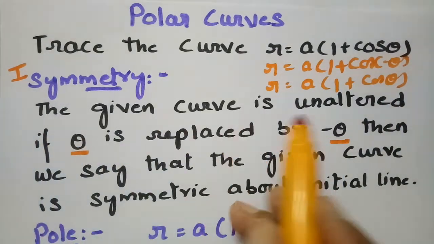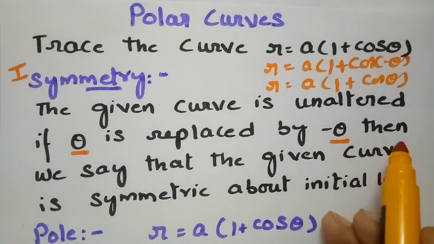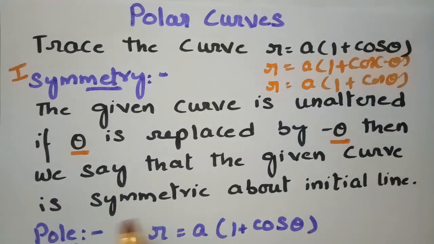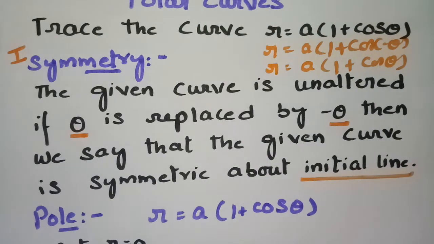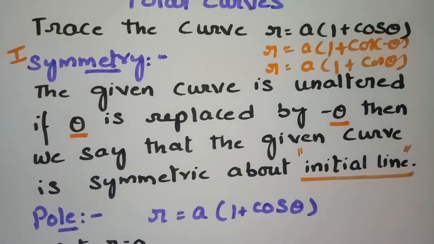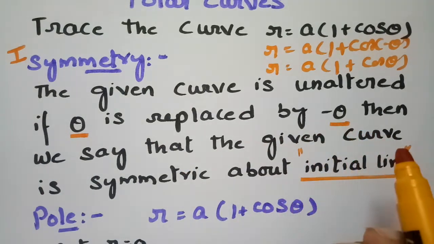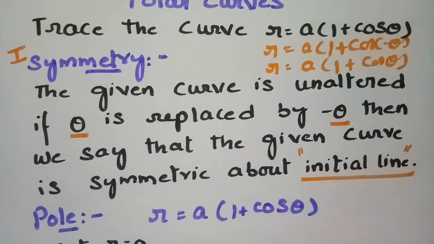The given curve is unaltered, remains the same. If θ is replaced by −θ, then we say that the given curve is symmetrical about the initial line. So please remember, if the equation remains the same even if θ is replaced by −θ, then we say that the given curve is symmetrical about the initial line.